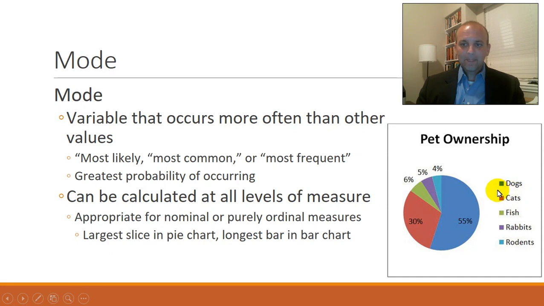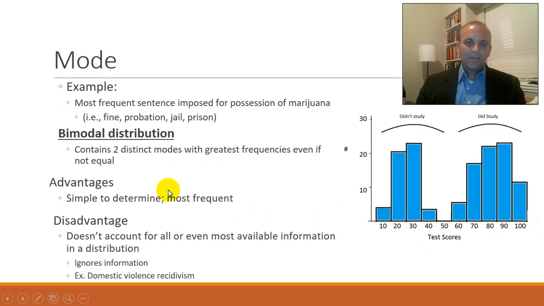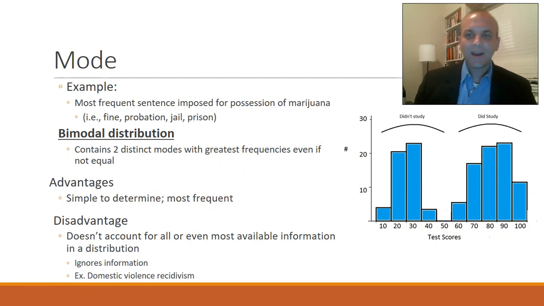But here it's just a good description, and fairly easy to look at in a pie chart or a bar chart. It's just a quick descriptive. In my mind, that's what the mode is good for, the most frequent.